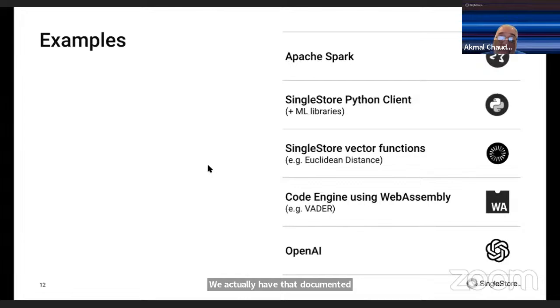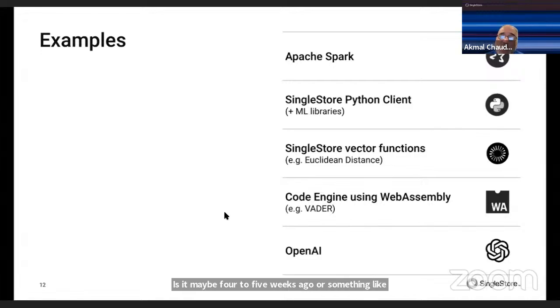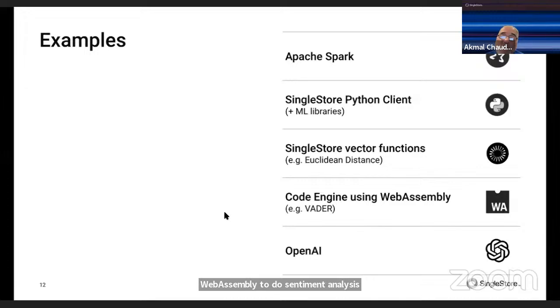And if there is something else that you need to do that might be a little bit more exotic, for example, something not supported by the product, you can code it yourself using a feature called Code Engine, using WebAssembly. Very recently, maybe four to five weeks ago, I had an article published on DZone which showed how to use WebAssembly to do sentiment analysis on Stack Overflow comments.